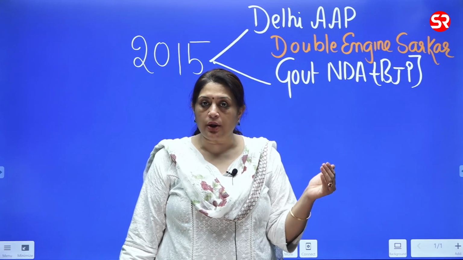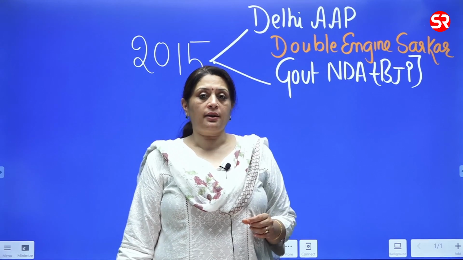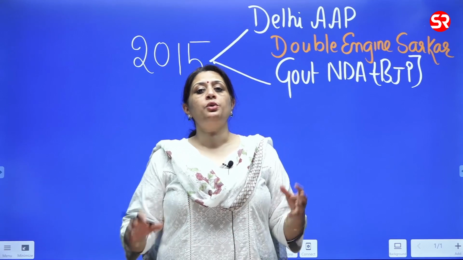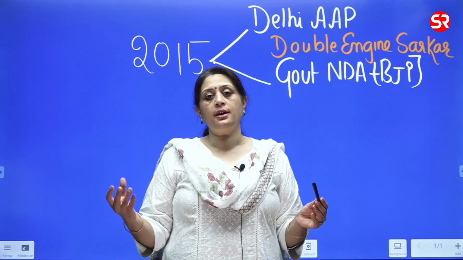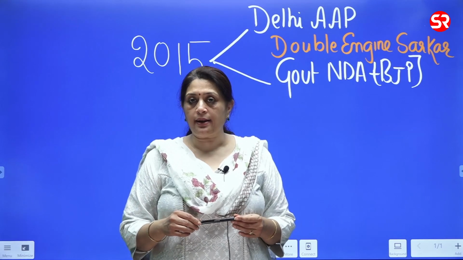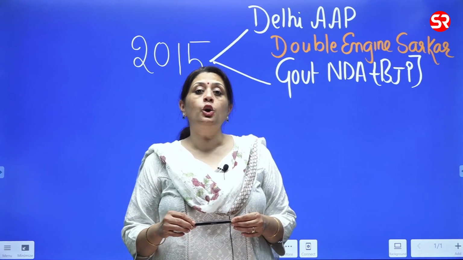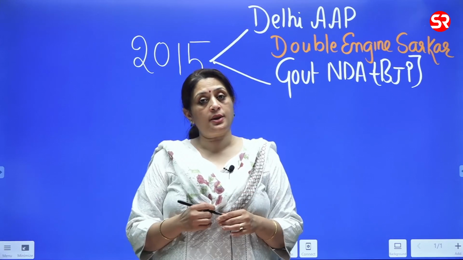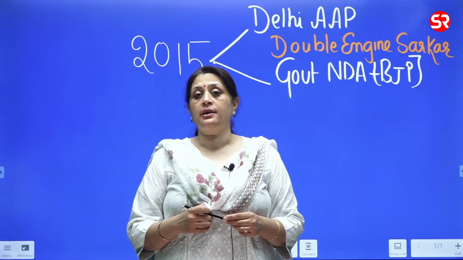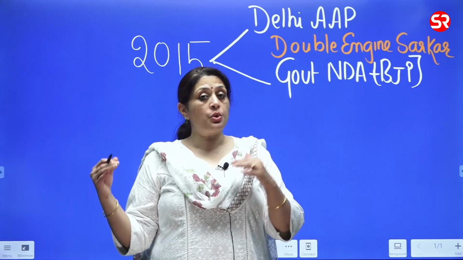Now, another thing: whenever you talk about this debate, often we hear about the status of Delhi. There have been demands for Delhi to be upgraded as a full-fledged state, as well as there is conflicting opinion in the judiciary.